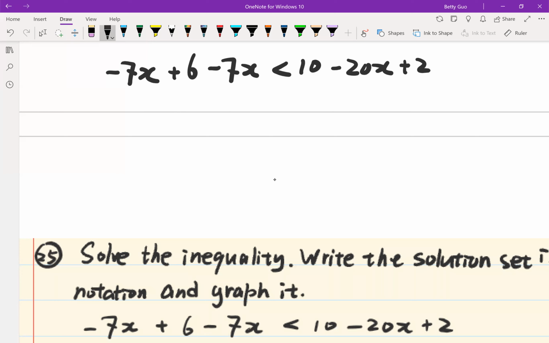Simplify each side of the inequality first.